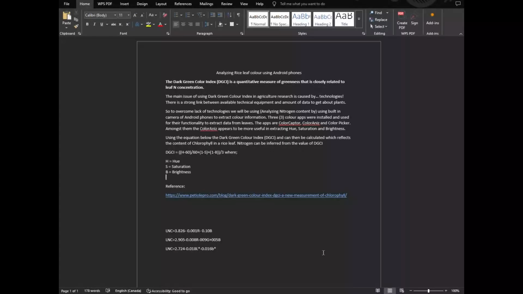So I wrote a document outlining the methodology that I am going to follow in determining the greenness of the rice leaf. So as part of my research, I saw some information at this place.